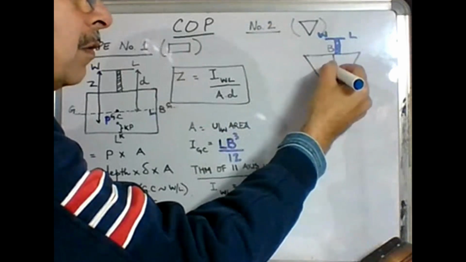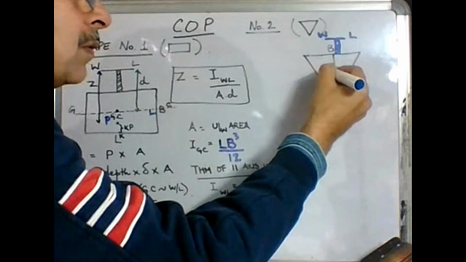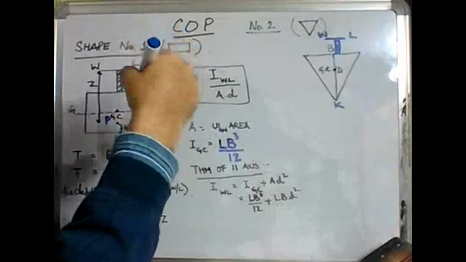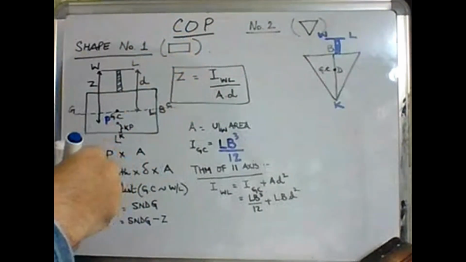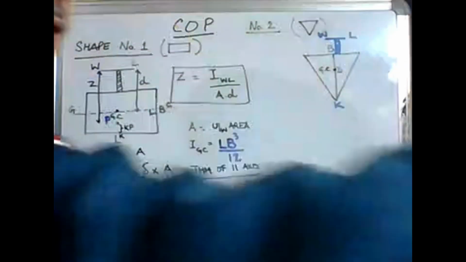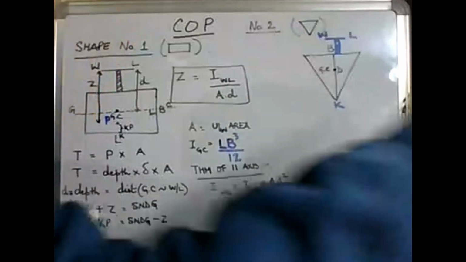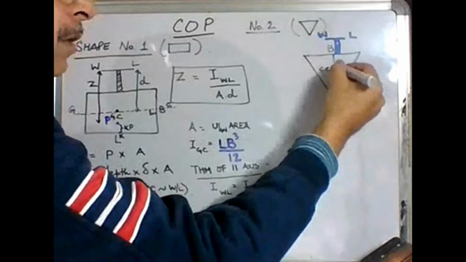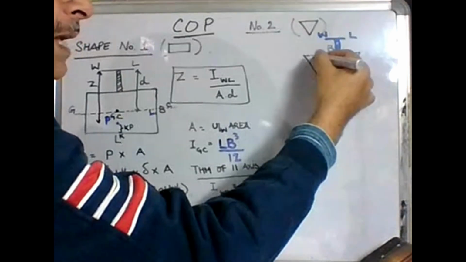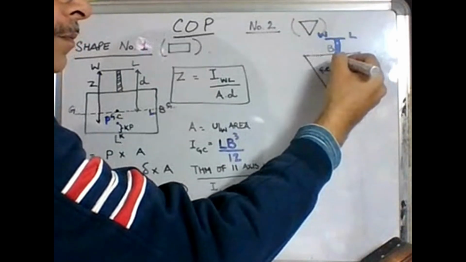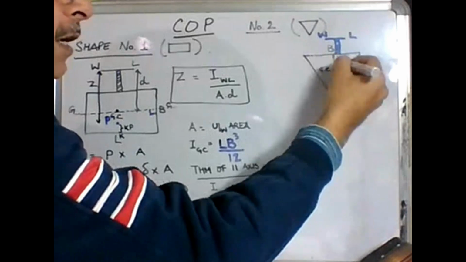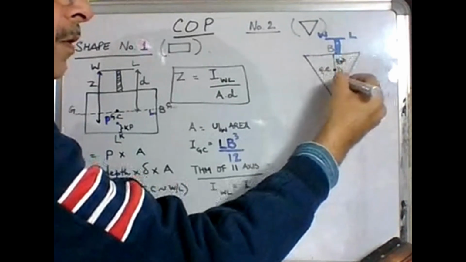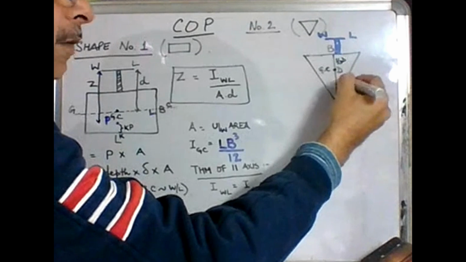Correct. 2/3 from the apex is the GC, so the GC is 1/3 from the base. So this is 1/3 D, and this is 2/3 capital D.